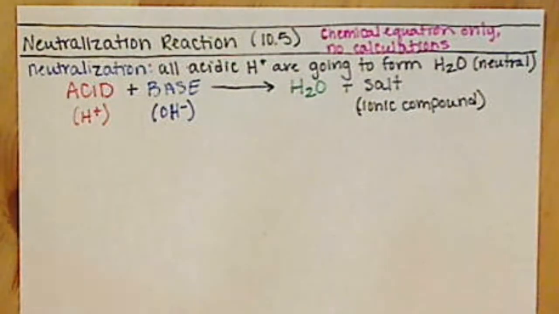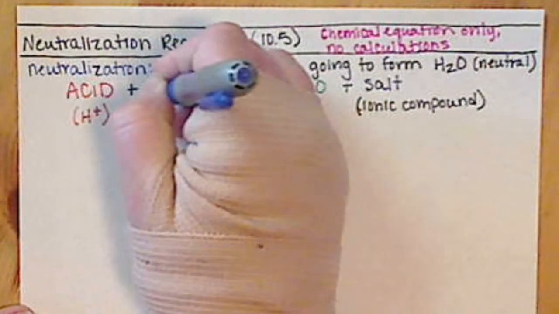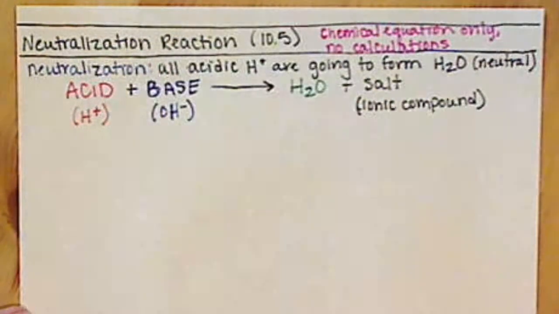So, these are our steps to writing a balanced chemical equation for neutralization. I differ from the book on this. That's not to say the book is wrong; I just find the book's method a little more confusing. So I would encourage you to try the way that I'm laying out, and if you've tried a bunch of examples and it just doesn't work for you, go ahead and try the method in the book.